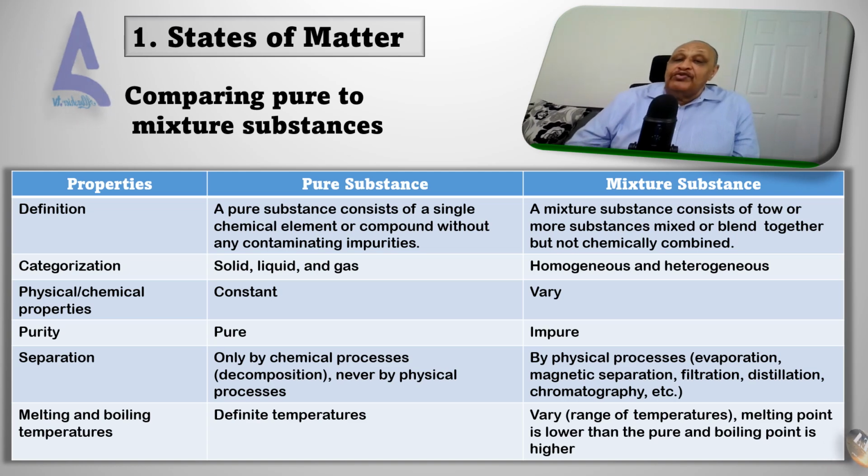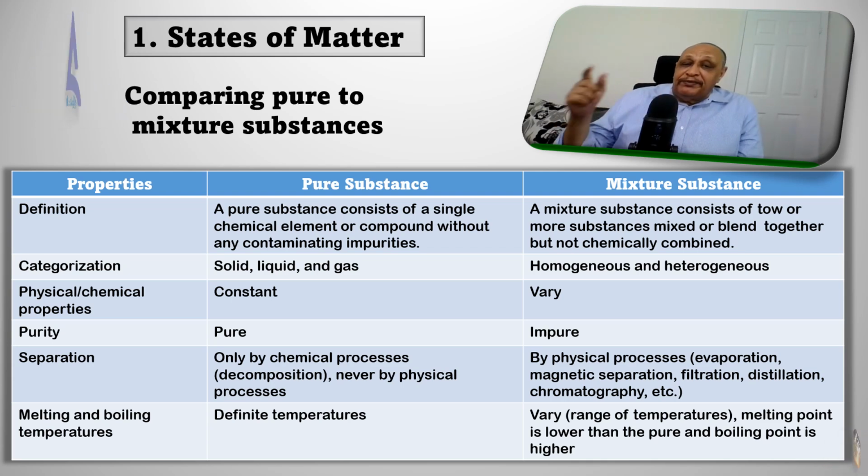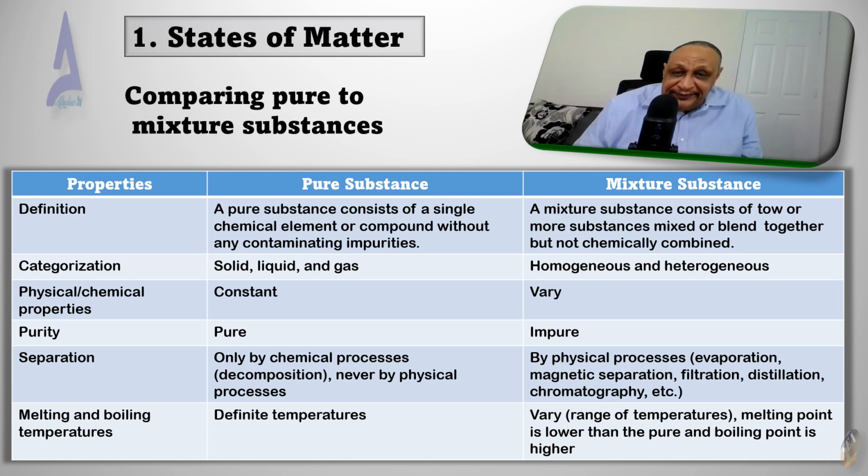Separation, how I can separate them, whether it is pure or a mixture. In the case of a pure substance, the only way to separate it is to use a chemical process, because you are decomposing or breaking it down, never done by a physical process.